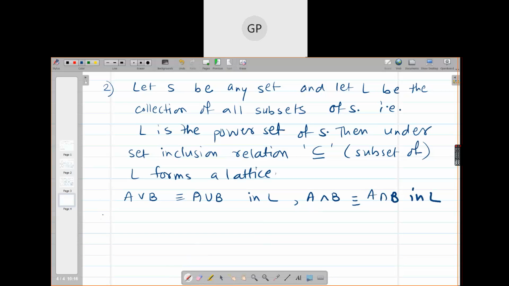And therefore, what is A union B meet C? A union B intersection C क्या होता है? Union and intersection are distributive.